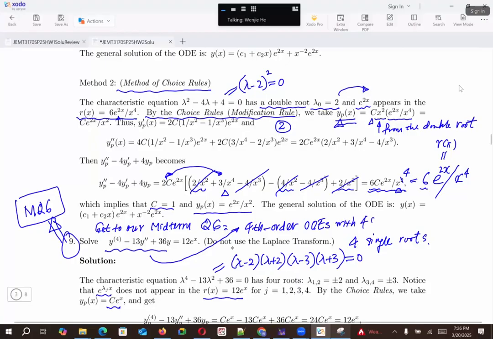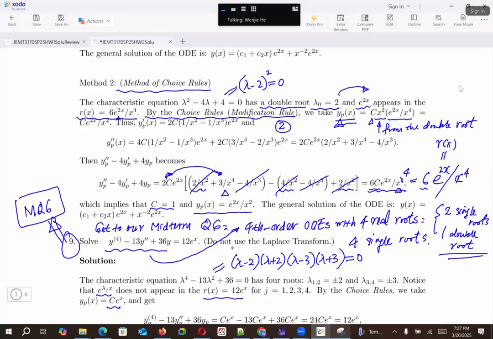With 4 real roots, these 4 roots should be like this: 2 single roots and 1 double root.